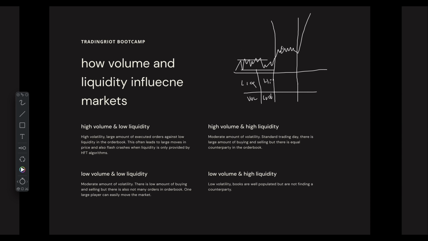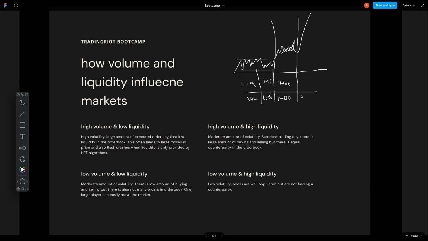Once markets start to move and fluctuate a little bit more, the liquidity and the volume are moderate, kind of medium. The resting orders often find a counterparty, so the market is moving to one side or the other. And once there is a huge spike in the market, this means there is low liquidity and high volume.